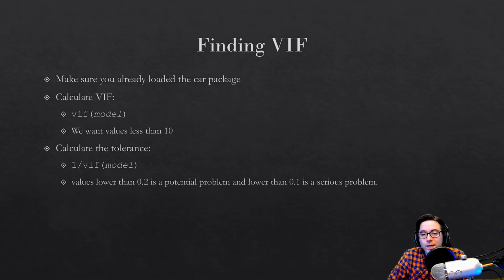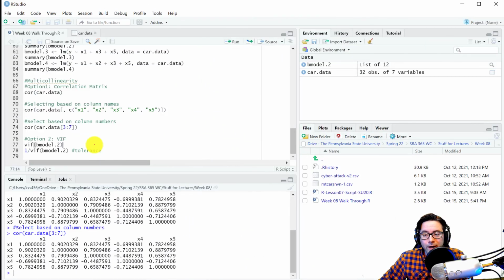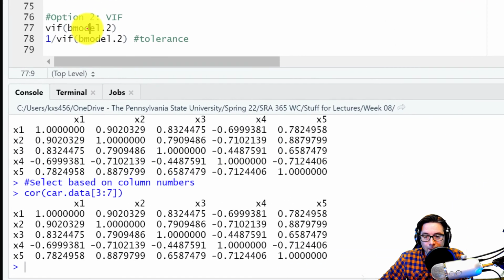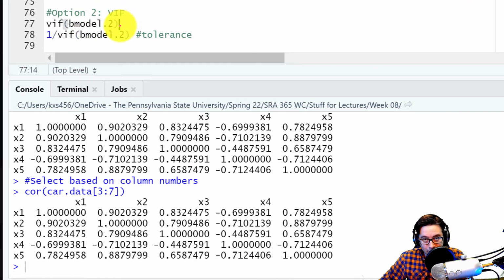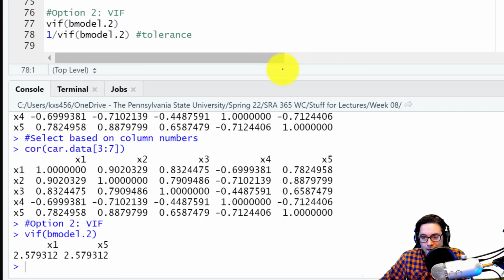Okay, so let's go into RStudio and take a look at this. So here I am in RStudio. Notice it's just VIF, and we're using that same model, where it's X1 and X5. So we run it, and notice that the VIF is the same for both of them, and that it's less than 10. 10 was the magic number. This is 2 point something. That's definitely less than 10, so that's fine.